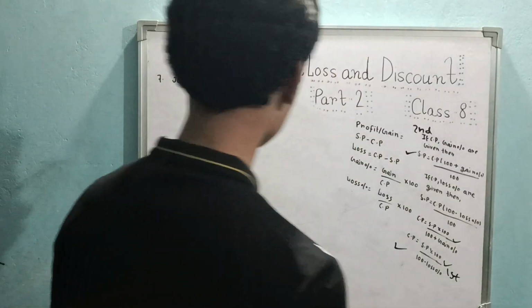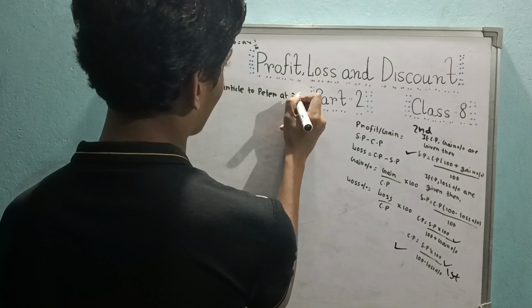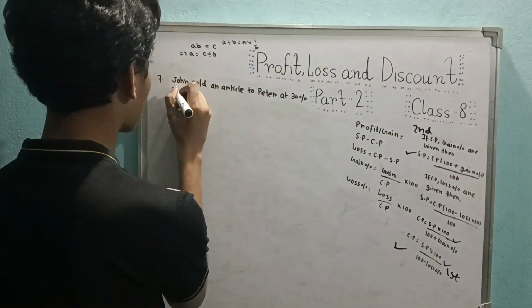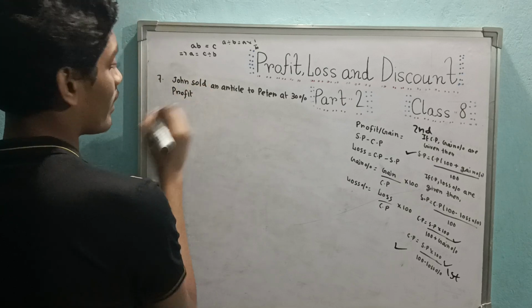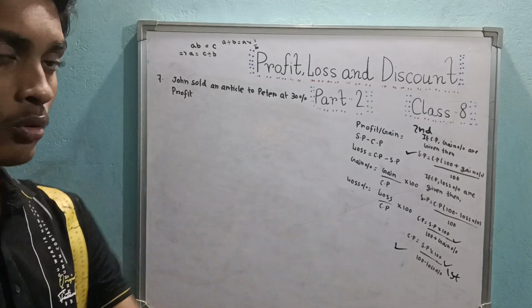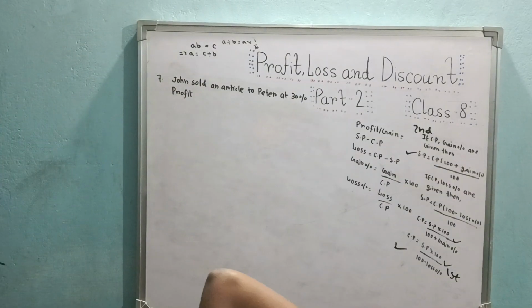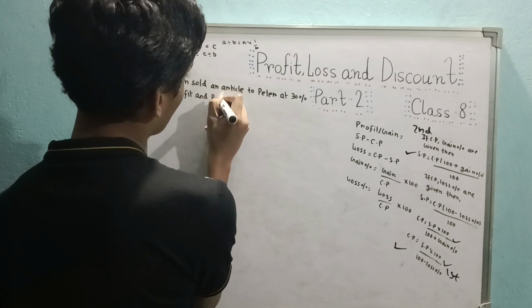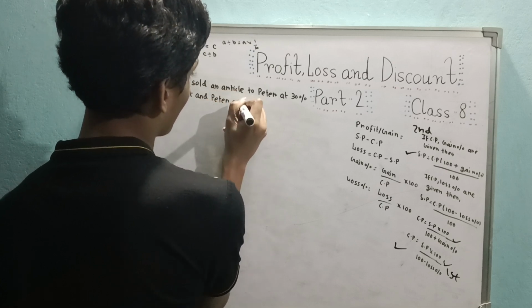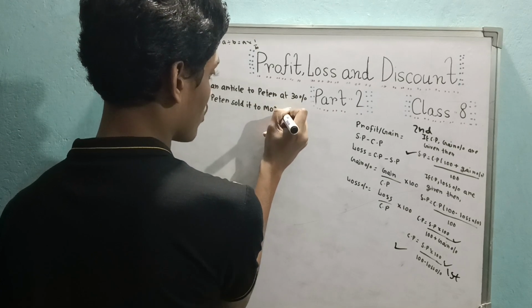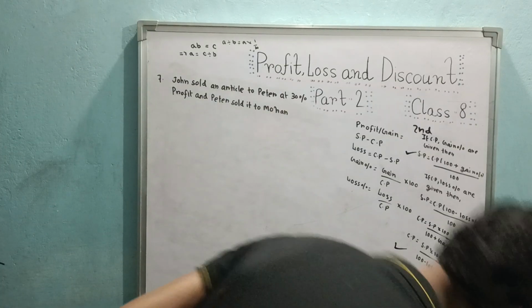I was confused whether I was making any mistake or not. John sold an article at a 30% profit. This question is like a chain, A to B, B to C, C to A. And Peter sold it to Mohan, another boy, at 5% loss.